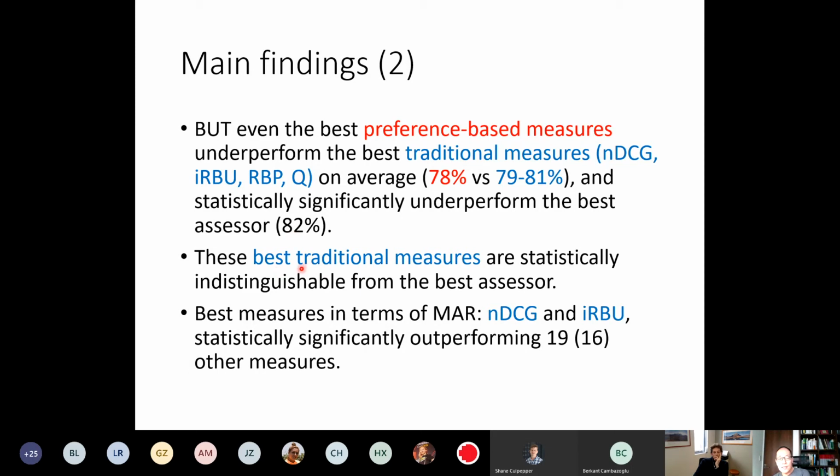Whereas the measures like NDCG are actually statistically not distinguishable from the best assessor. So overall, NDCG and this measure called IRBU, which I stole from a CIR 2018 paper, they look like the most promising measures in terms of the mean agreement rate. They outperform 19 or 16 other evaluation measures.